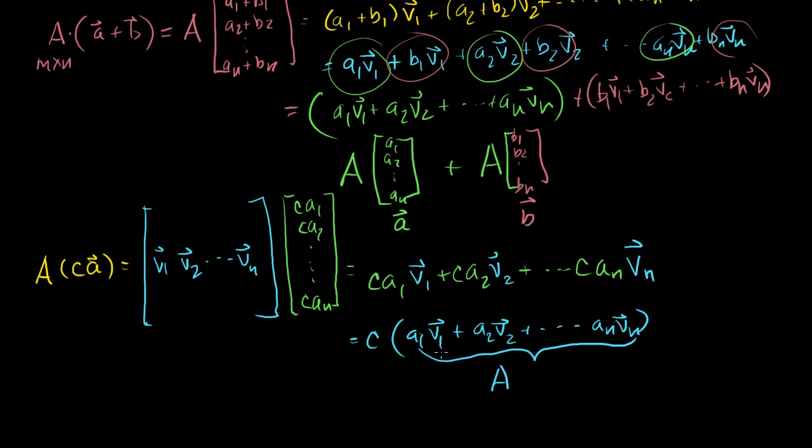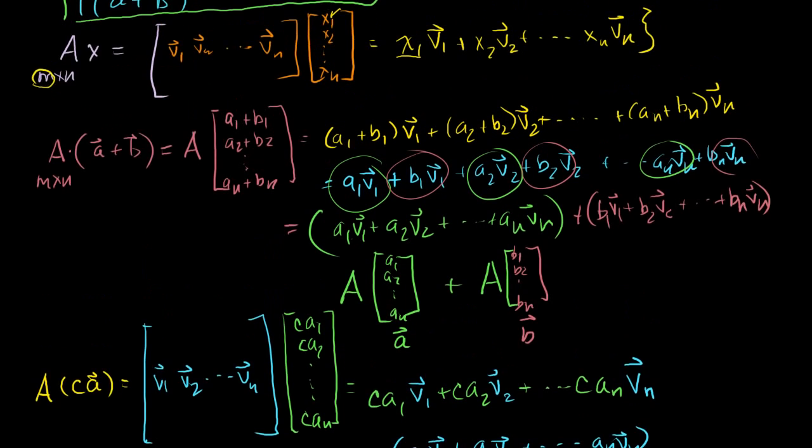Maybe I'm overloading the letter A. The lowercase a is just this thing right here, a1, a2, and so forth. So I just showed you that if I take my matrix and multiply it times some vector that was multiplied by a scalar first, that's equivalent to first multiplying the matrix times the vector and then multiplying by the scalar.